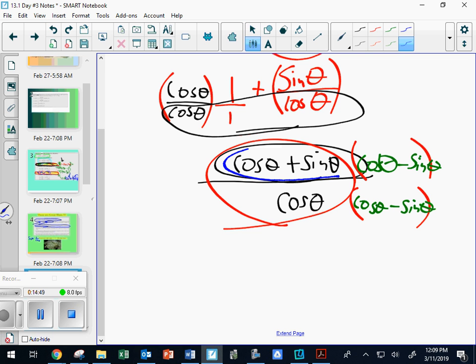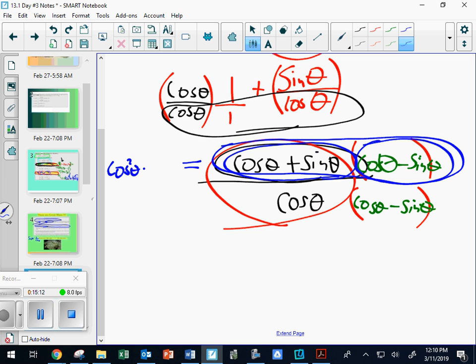Why? Because now that and that are kind of like opposites of each other. They're called conjugates. And that, when multiplied out, makes cosine squared minus sine squared. That whole thing across the top would become cosine squared minus sine squared.